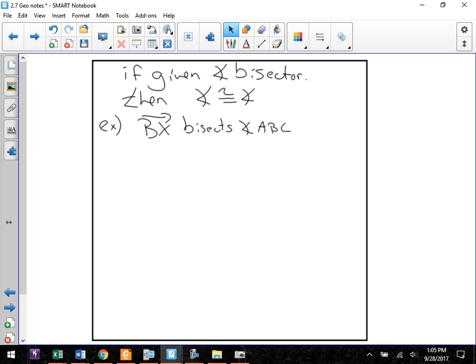So, what would that look like? What's the big angle? All right, angle ABC is the big angle, so I just draw it. And where does BX go? Right in the middle. Yep. Now, according to that diagram, what two angles are congruent to each other? Excellent, excellent. ABX and XBC, very good.